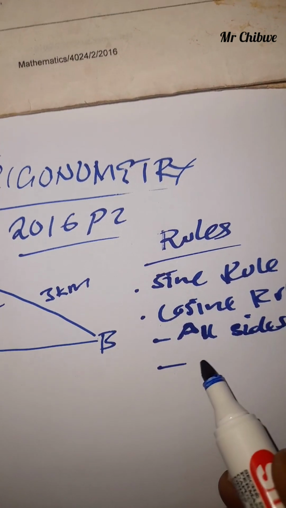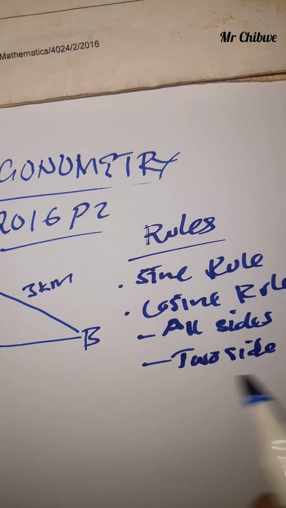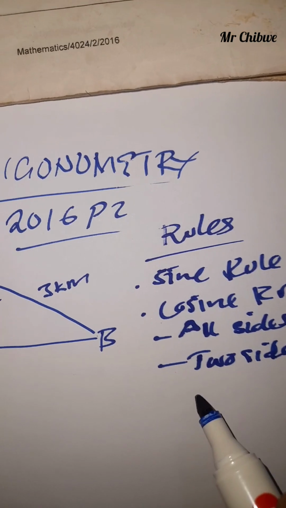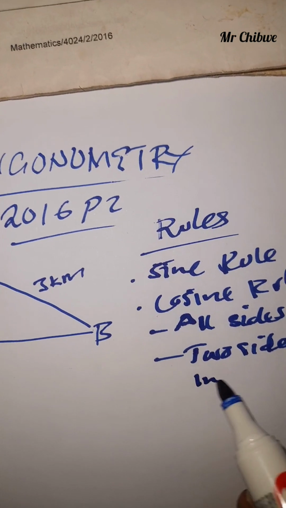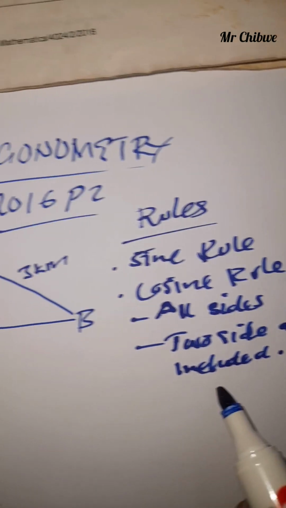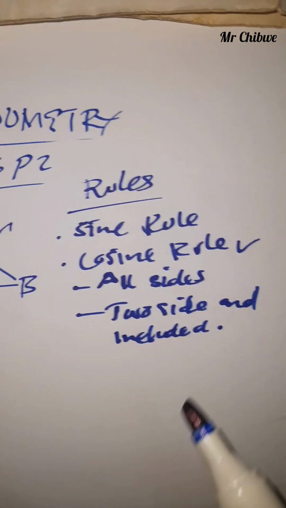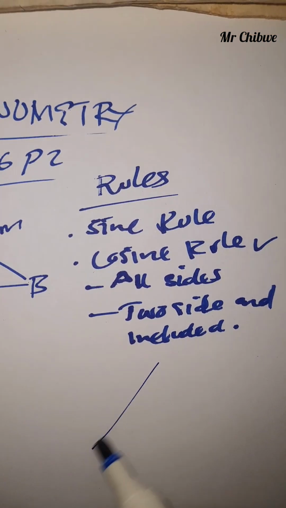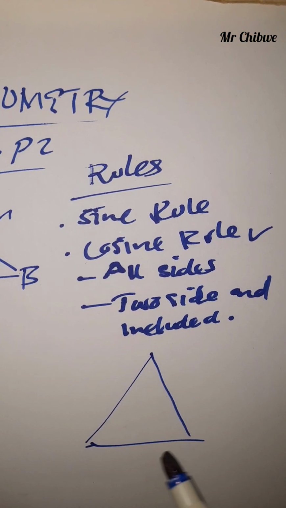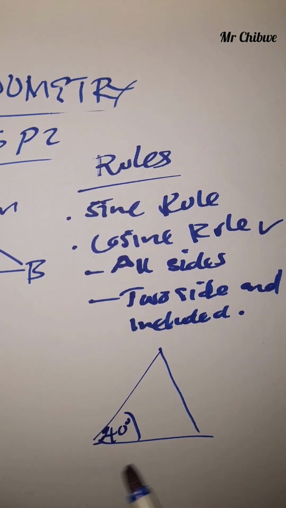Number two, when you are given two sides and an included angle, or a subtended angle. Now, what is an included angle? Let's say it's 40 degrees.